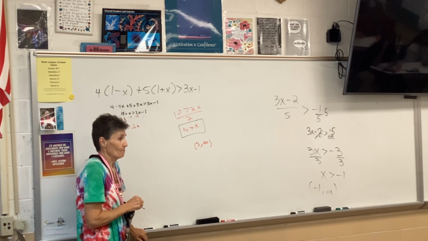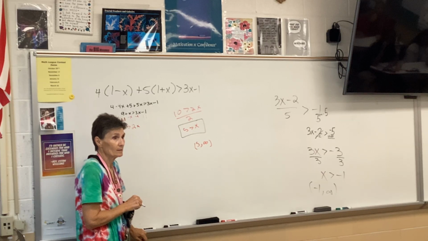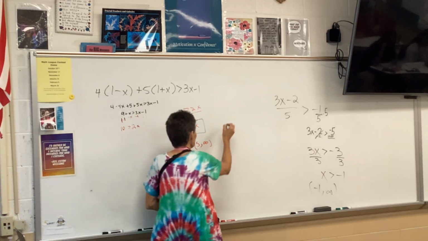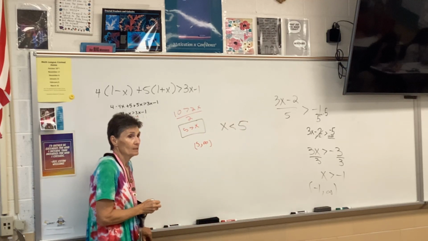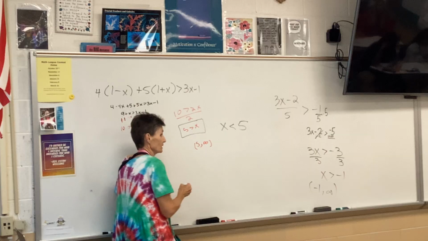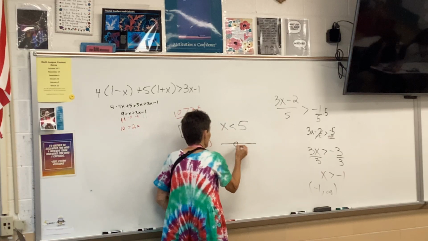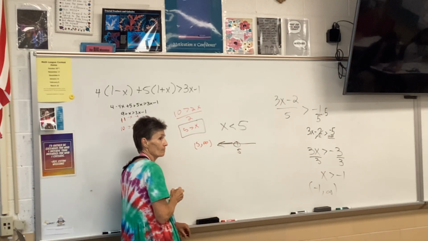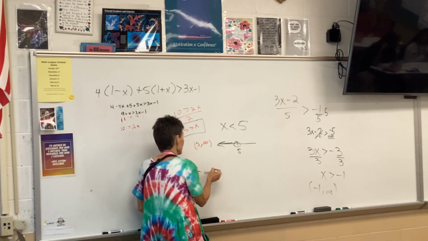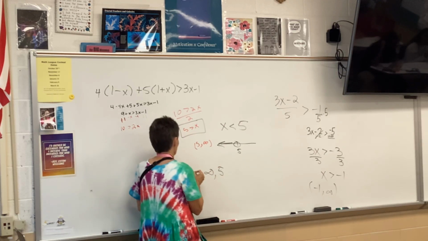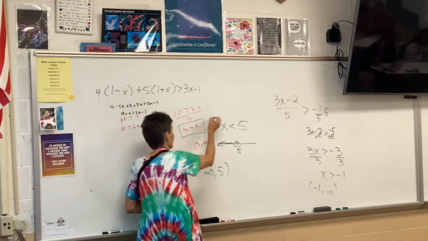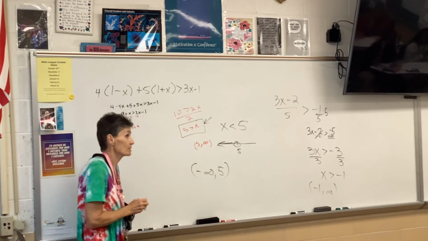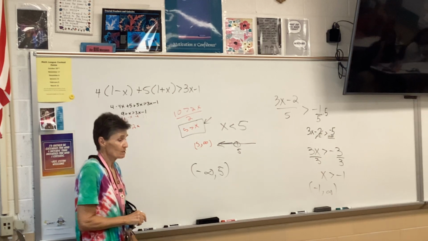What does that say? 5 is greater than x, which means x is less than 5. And if x is less than 5, then doesn't it look like this? So it should be negative infinity to 5. That's tricky. This guy's backwards. You gotta be careful, it's backwards. Not wrong, but it's backwards.